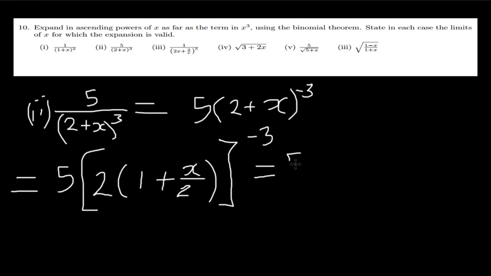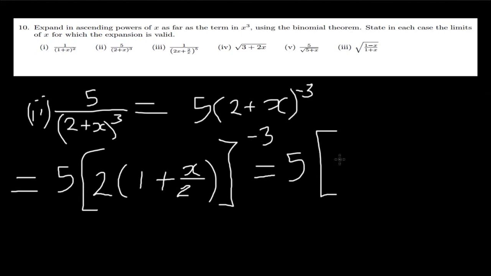As 5 outside. Remember the rules of indices. This -3 is not only on this function in the brackets, but it's also the power of 2.